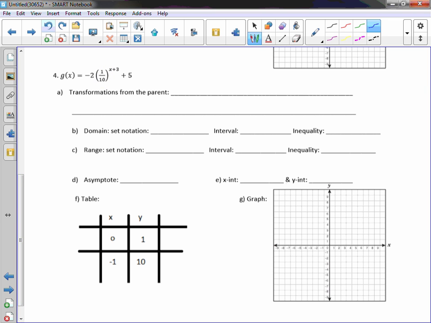So first, let's list the transformations. We have that negative 2. That negative means reflect over the x-axis. That takes care of the negative. The 2 means vertical stretch by 2.